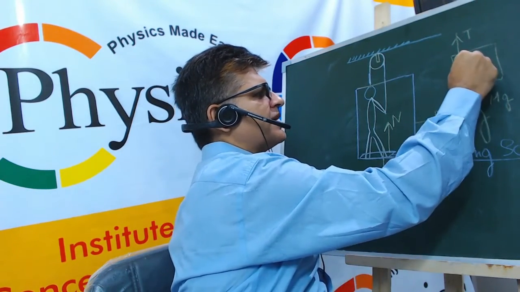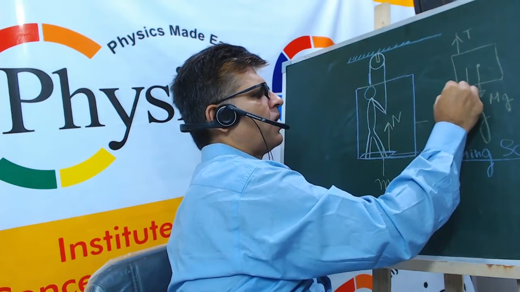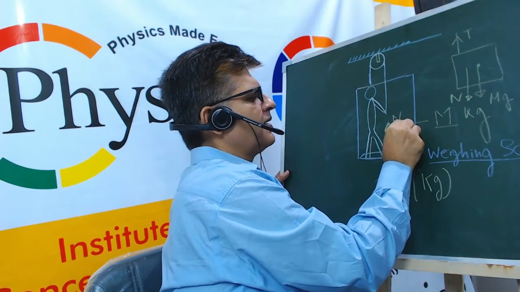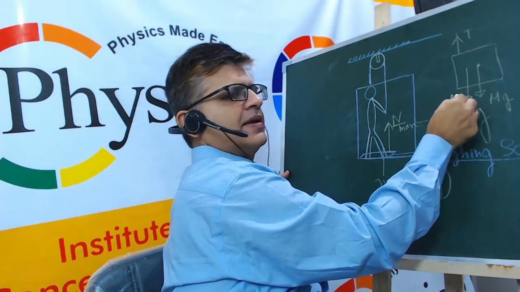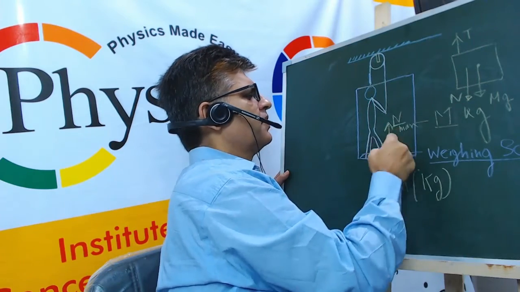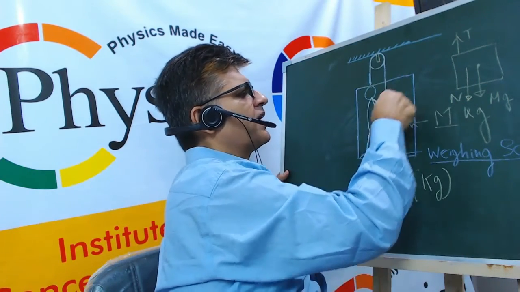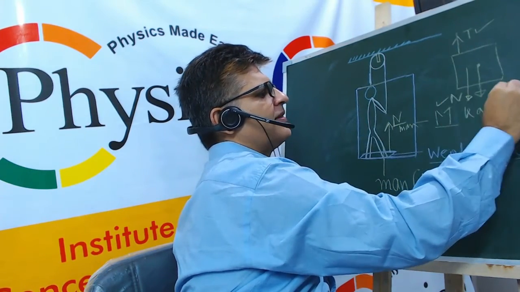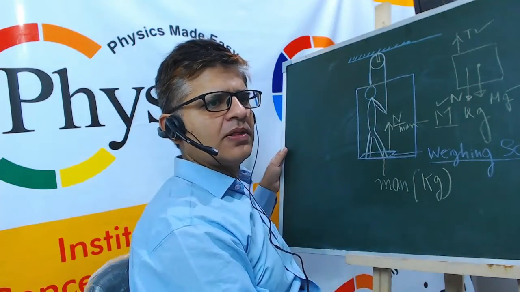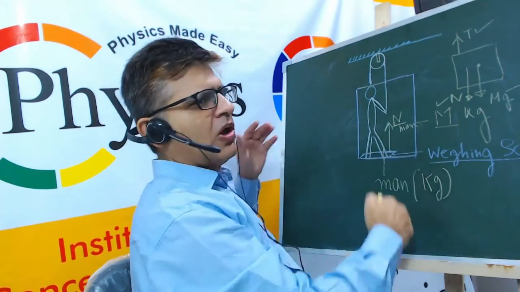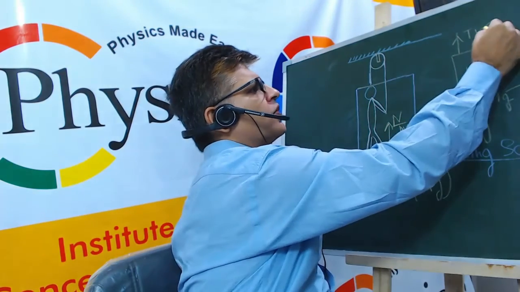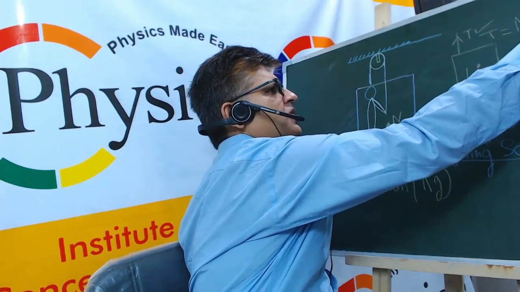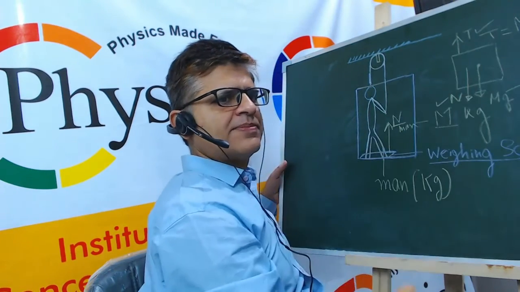The man will also exert a normal reaction N on the block. So forces 1, 2, and 3 are acting on the lift. Therefore, you can write that tension is equal to N plus Mg, because this is where the equilibrium is attained.